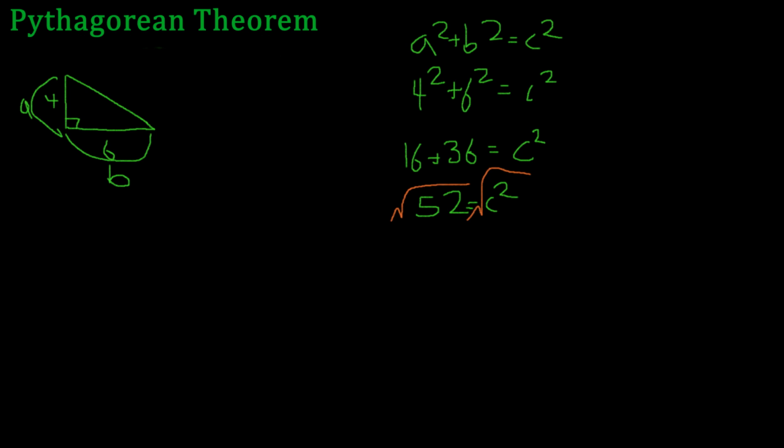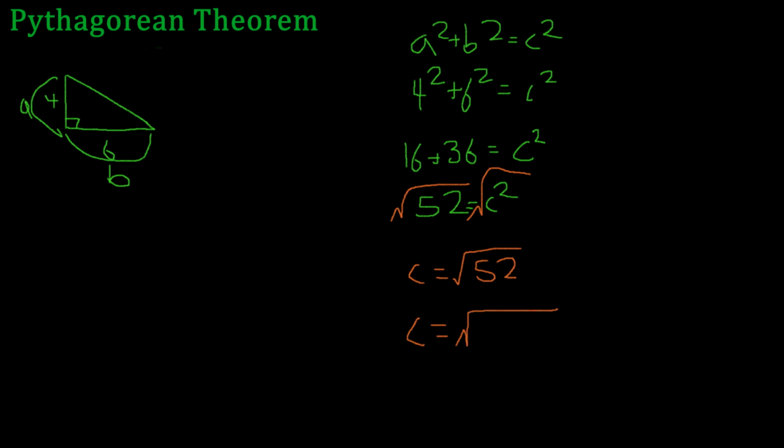So we get c equals the square root of 52. So 52 is not a very nice number, as you can see. So we're going to see if anything goes into that so we can simplify it, but we're not going to be able to get an integer number. It's going to be a number with the square root sign still over it.